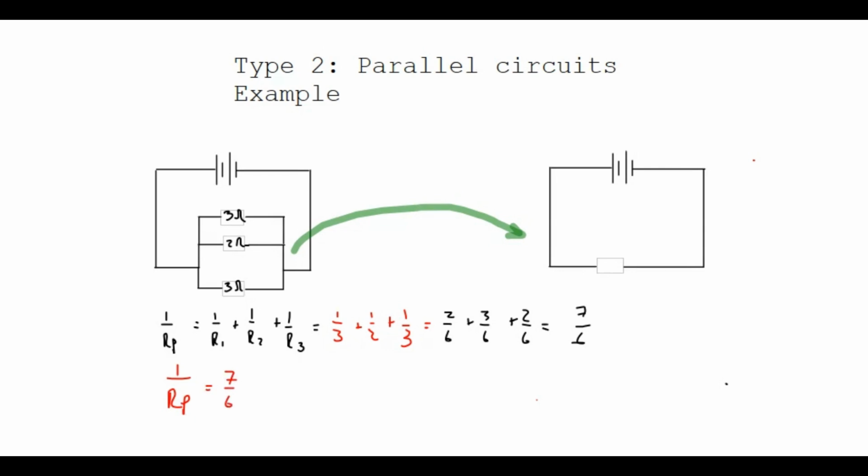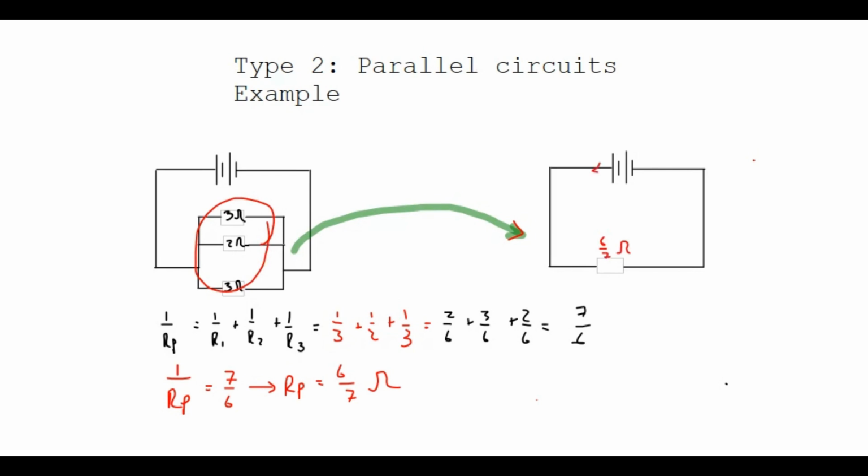So we simply need to flip that over to get Rp. So Rp over 1 would equal 6 over 7 ohms. Meaning once we've done the squish, the whole resistance of this parallel circuit would be 6 over 7 ohms.